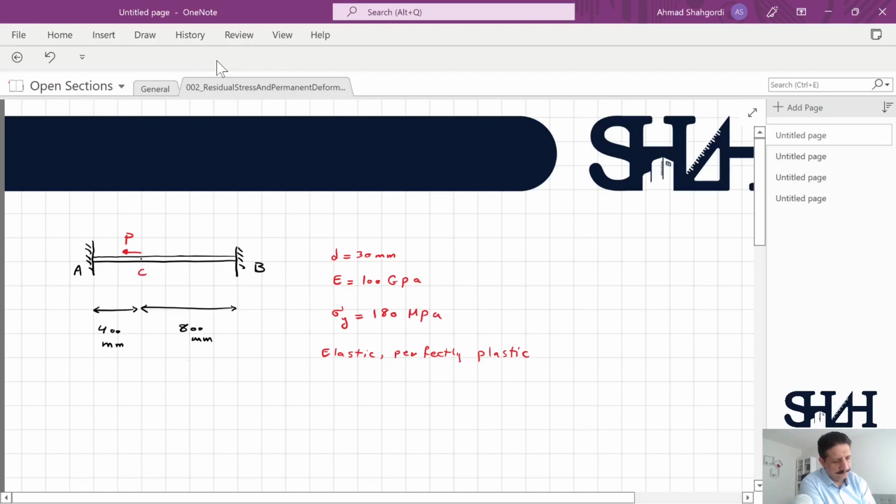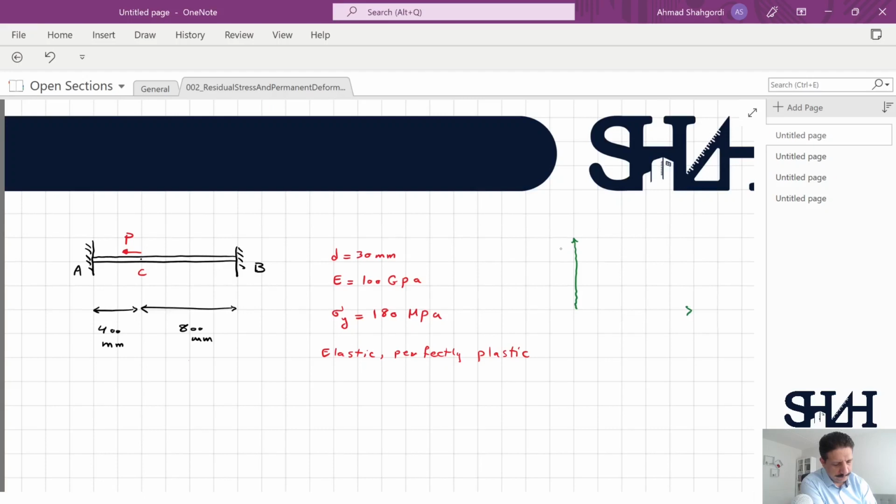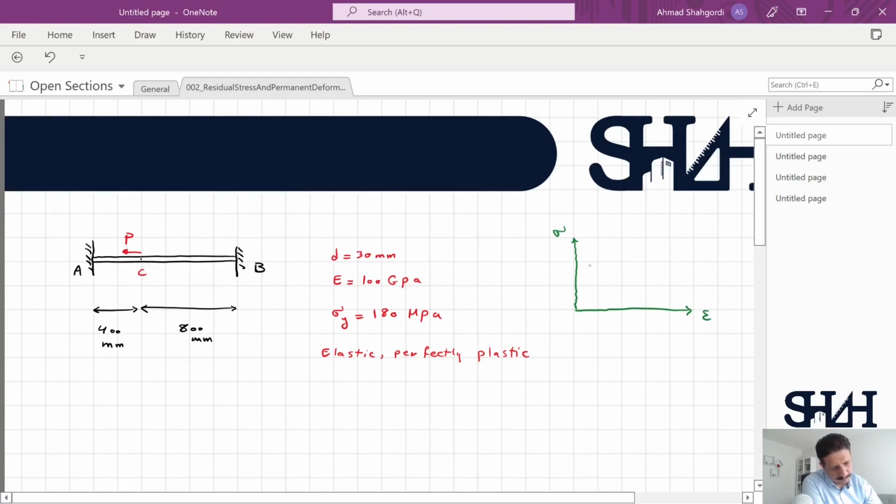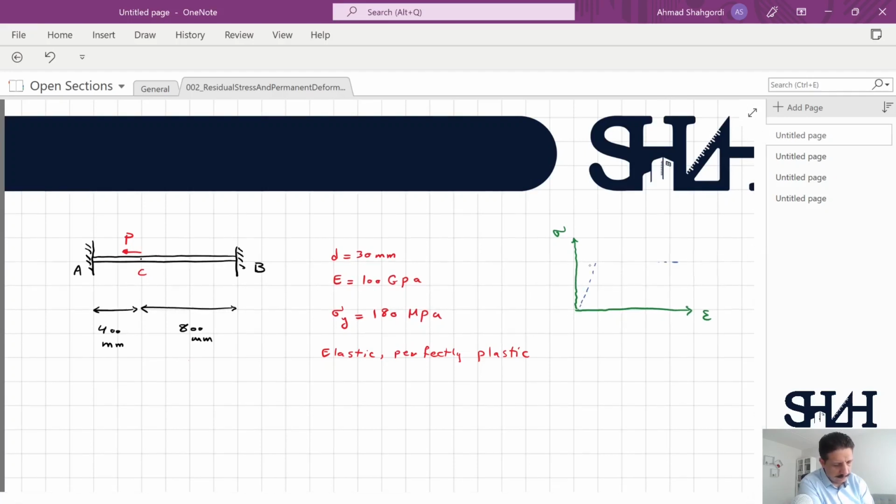If we sketch the relation between the strain and stress, the linear or elastic part will be up to sigma y, which is 180 megapascal, and the relevant strain will be epsilon y.